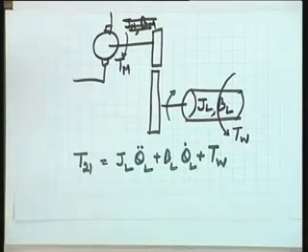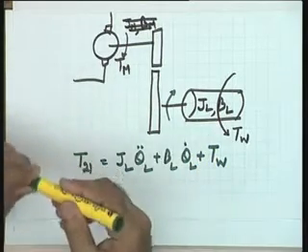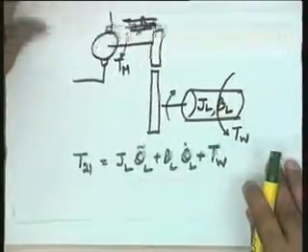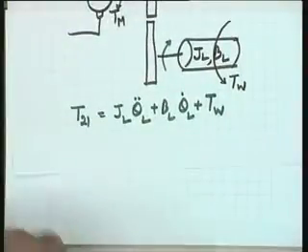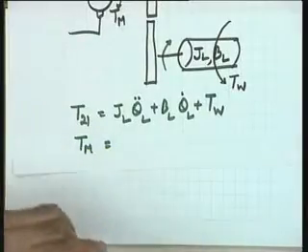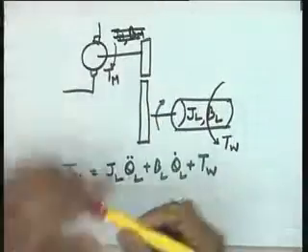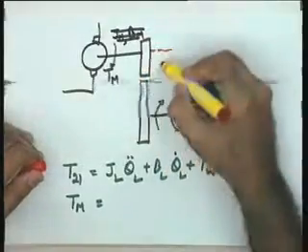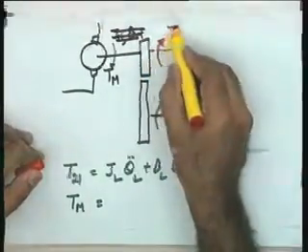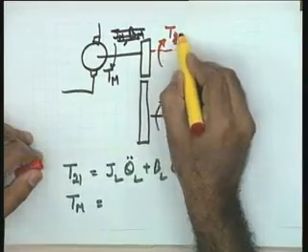This becomes the equation at the load shaft. Please give me the equation at the motor shaft. What is the applied torque? Tm equal to, yes, we said that the opposition due to the secondary gear and the load on the motor shaft is represented by T12.